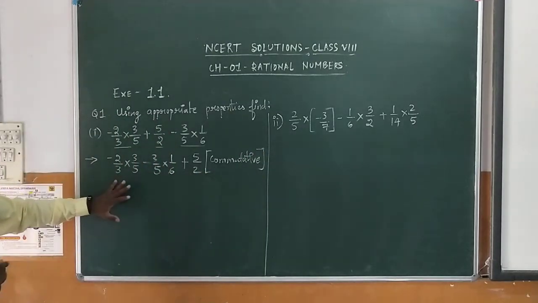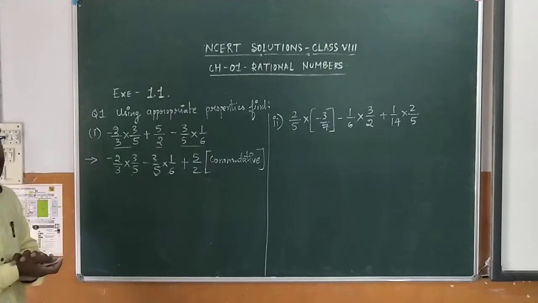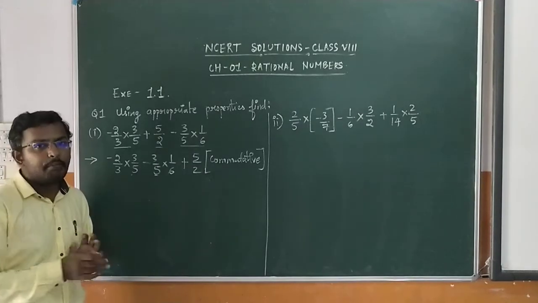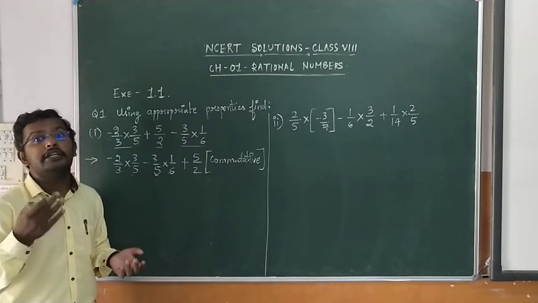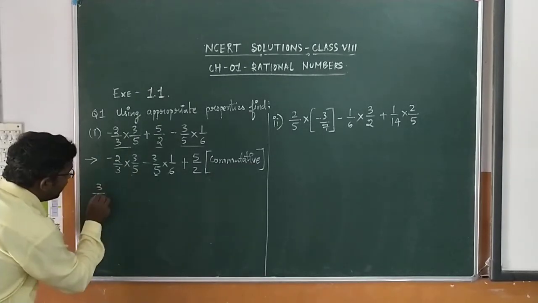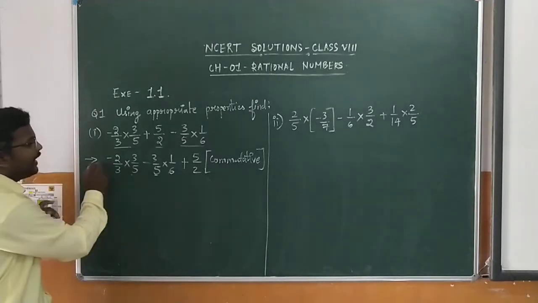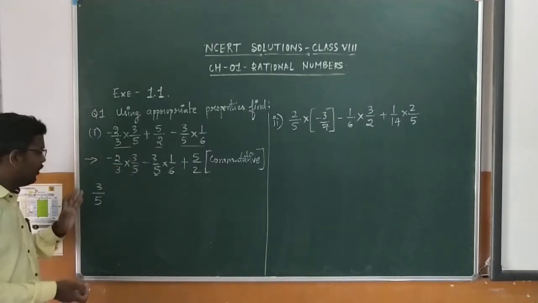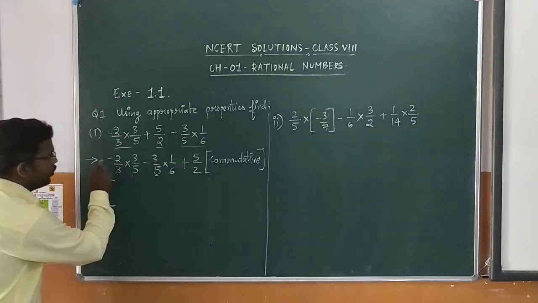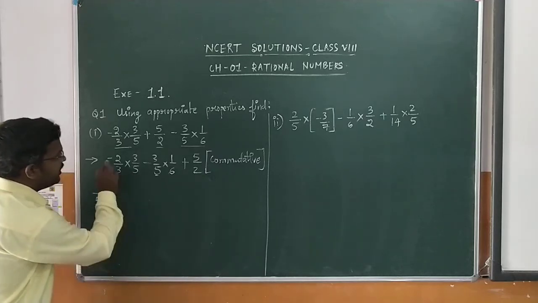After using the commutative property, here you can see 3 by 5 and 3 by 5 are common. So we can take 3 by 5 outside using the distributive property. Or else you can directly take minus 3 by 5 and take 3 by 5 outside. If you take 3 by 5 outside, what is left in this term?